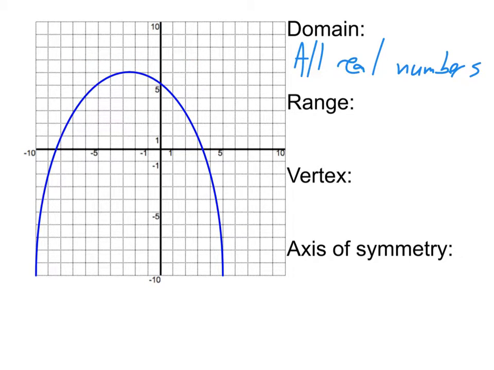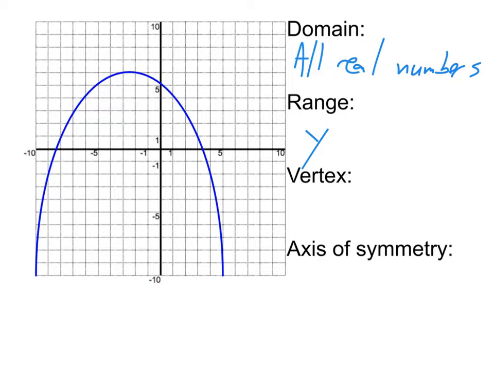All right, so to write out the range, I know my range is going to be my y values that meet some constraints. So I start by actually writing the y. Now, for my y values, they all need to be either above or below a certain number. Are they all going to be above or below this line? They're all below, right?